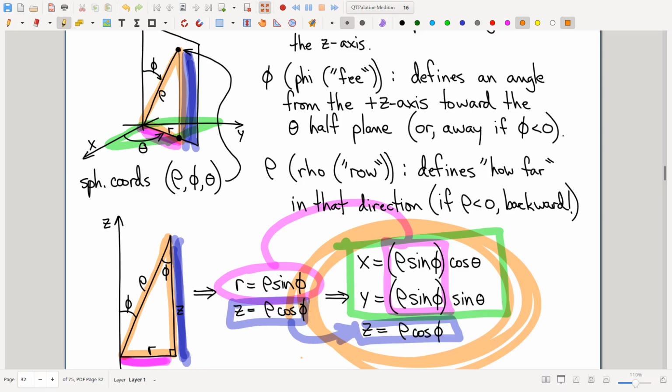I just remember, okay, R is the one that's rho sine, and Z is rho cosine, and I already know how to do X and Y. So, for your consideration, everybody's different, and I'm not trying to make you be like me. But I am dead set against memorizing those equations for myself, because again, I know I will mess it up.